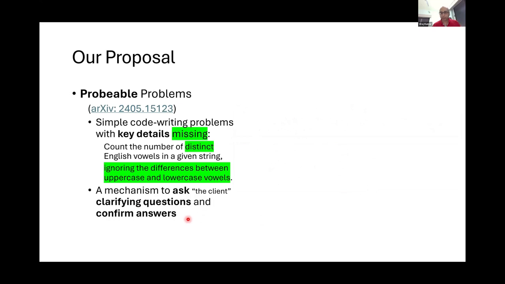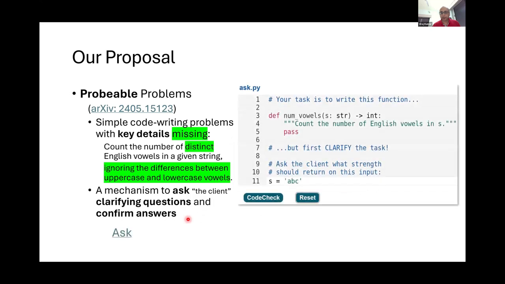So to illustrate what this might look like, here is what our ask interface looks like. You can write in any string over here, and then when you click on this button, the client will tell you what they want, right? So they say, well, on ABC, I want to return 1, right? So you use this to clarify your doubts.